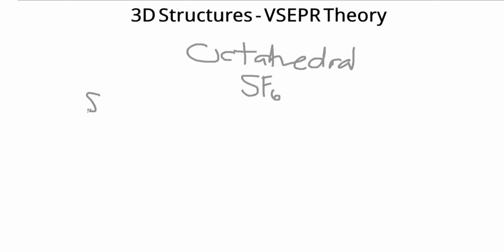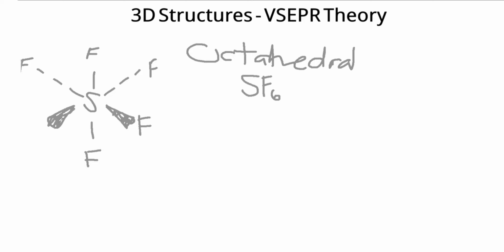For the VSEPR theory shape for octahedral, you would have fluorine going up, fluorine going down, and then you would draw dashed lines going into the page, a bond going out of the page. Then you draw again another bond going into the page, and then another bond going out of the page.